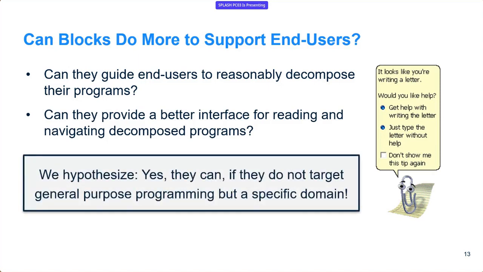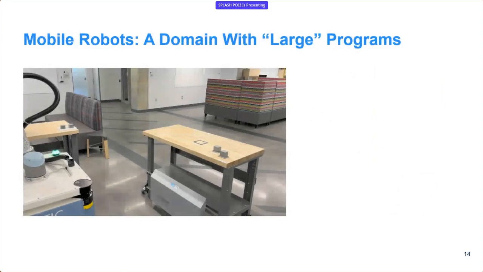Our hypothesis for this work is that yes, we can, not necessarily in a very general purpose context, but that's not necessary because we're talking about end users that usually have a specific task in mind within a certain domain. And if you focus on this domain, it becomes a lot more within the realm of the possible to actually support them at decomposition.